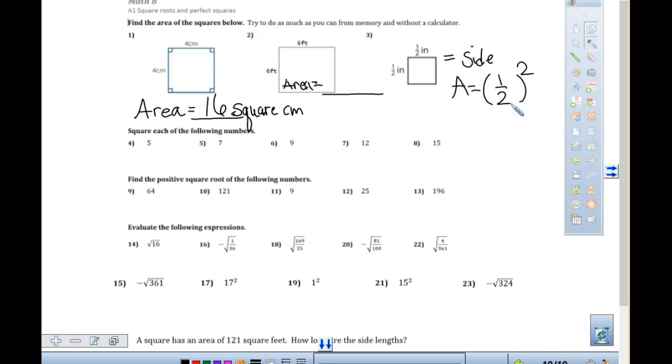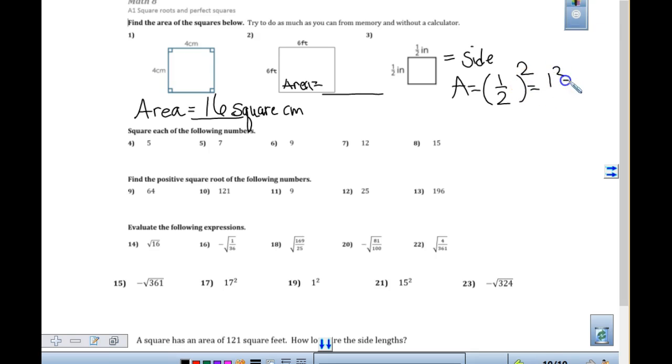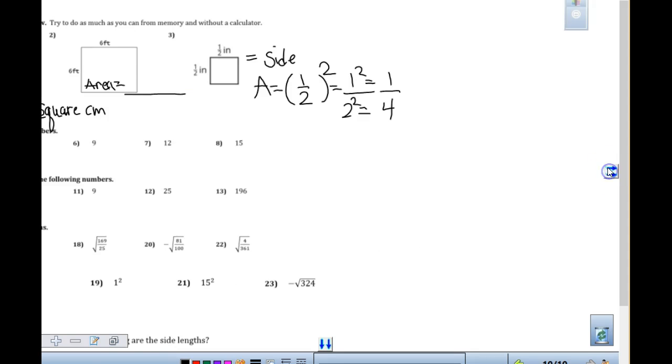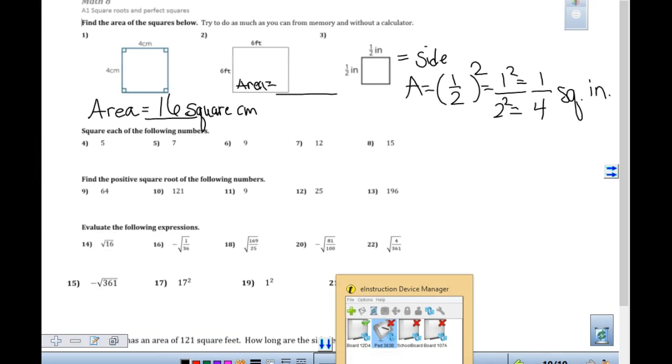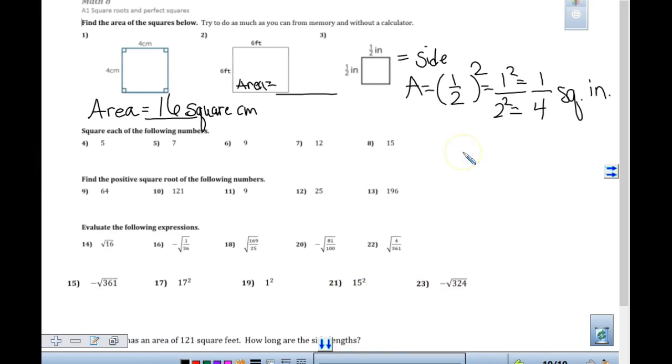You're going to square the top and you're going to square the bottom. Do you know what 1 squared is? 1. Do you know what 2 squared is? 4. The answer is 1/4. 1/4 what? Square inches.